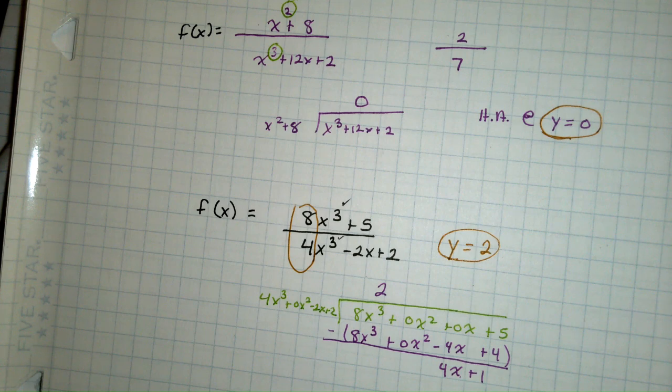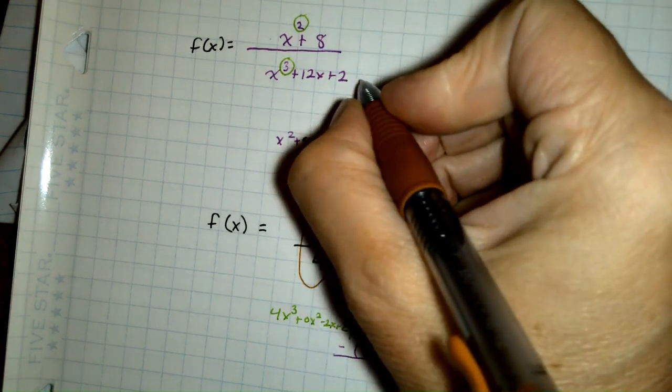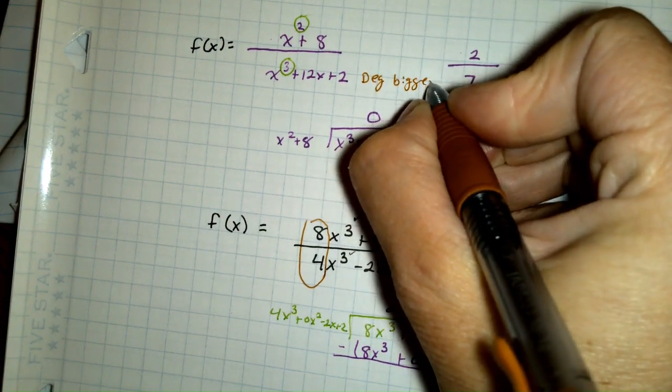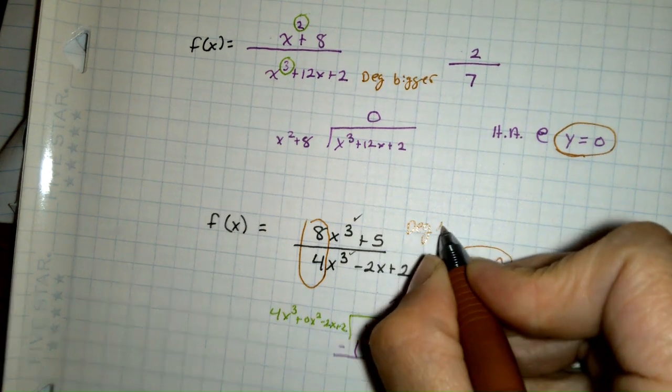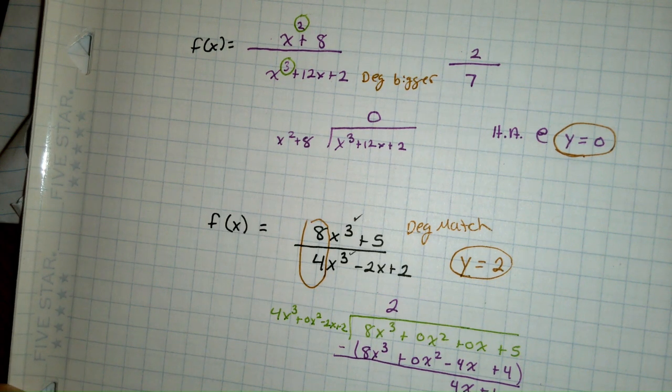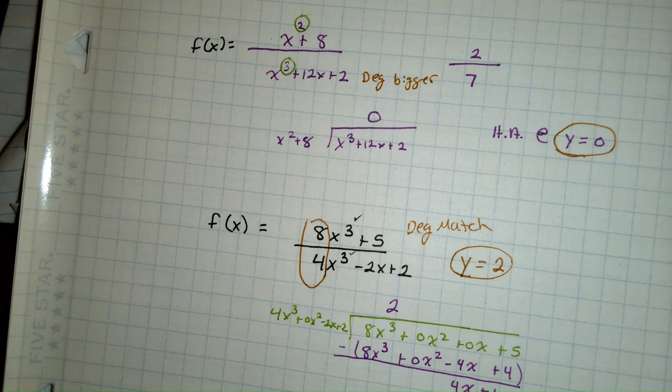So for these two scenarios, when the degree of the bottom is bigger, or the degrees match, it's either going to be 0 or use the coefficients, and it's going to be a horizontal asymptote. If the degree of the top is bigger, that's when an oblique asymptote happens. A lot of times at the Algebra 2 level, you do not see the oblique asymptotes, you only see the horizontals. But depending on what classes you take after this, you might need that as well. Or if you are in college algebra, you might be looking at obliques.